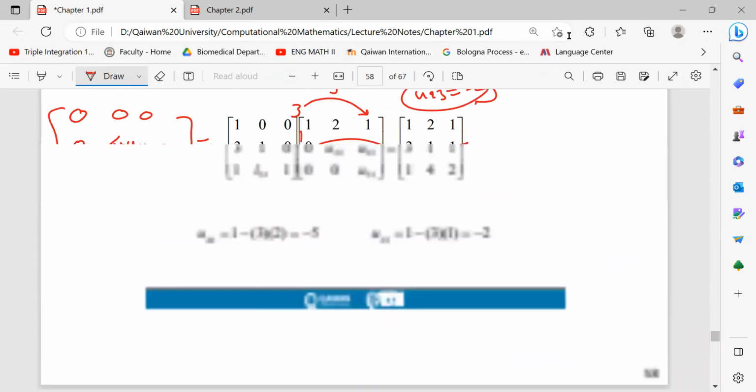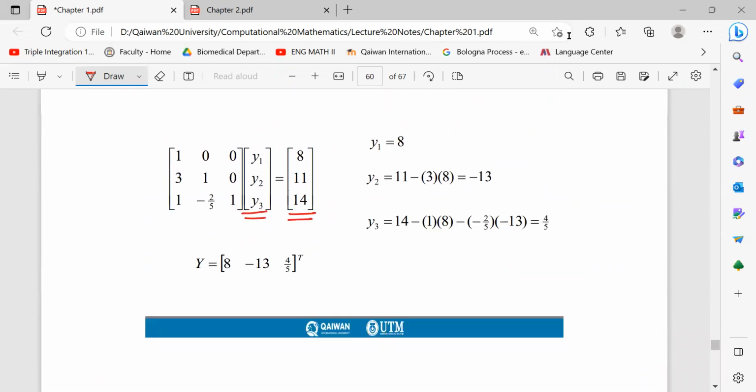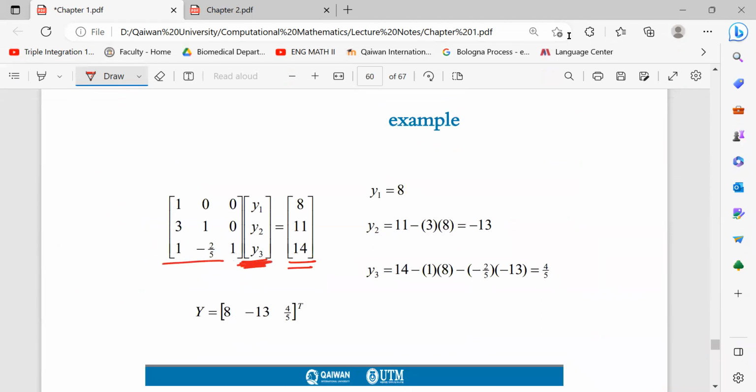So L times Y equals B. Look at this multiplication. We multiply this by this and equal it to the first element. You can say 1 times Y1 is 8. So Y1 is 8.